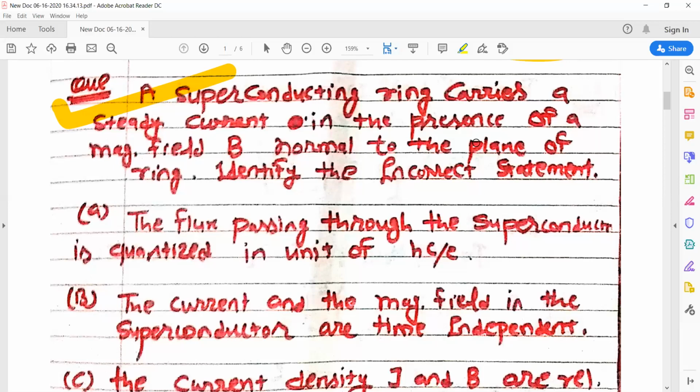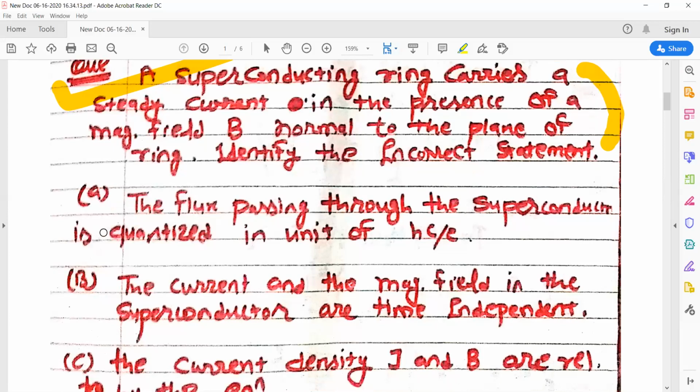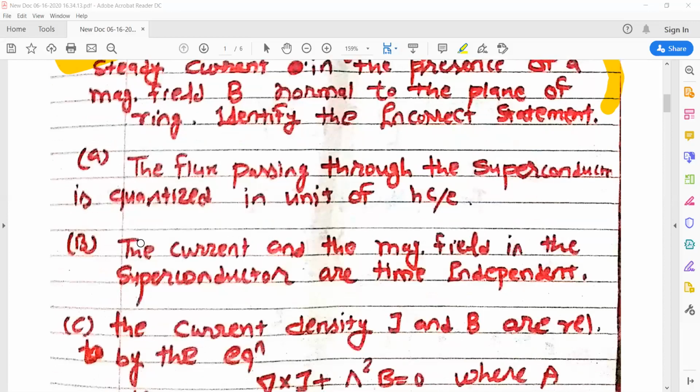Everybody read this question, I think. Now we go to the options. The flux passing through the superconductor is quantized in units of hc/e. First option. Second, the current and magnetic field in the superconductor are independent.